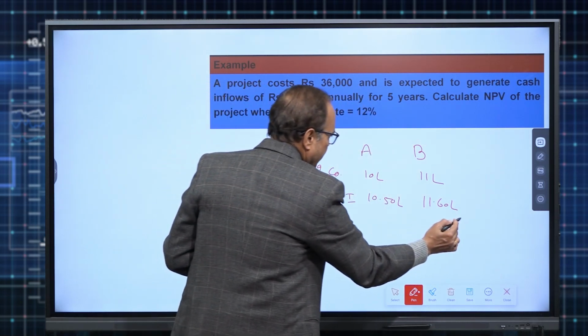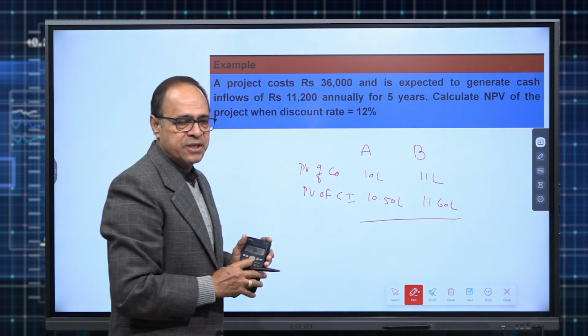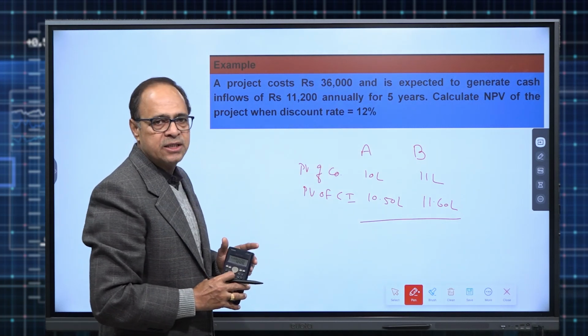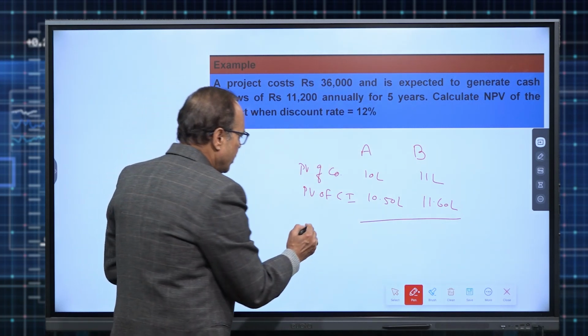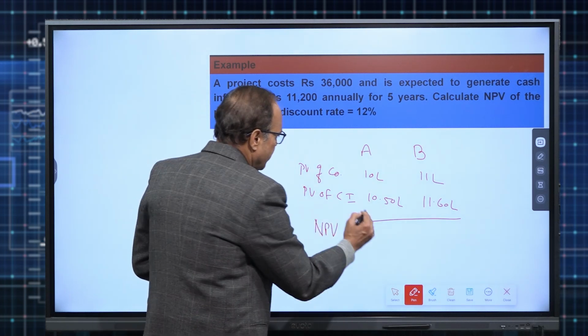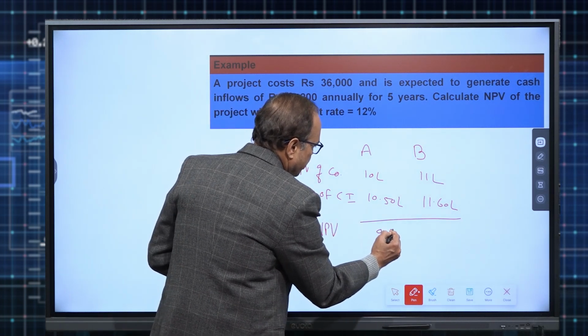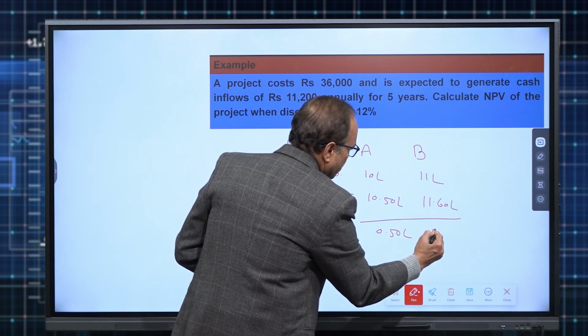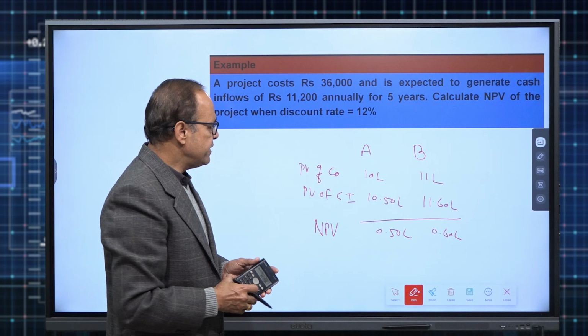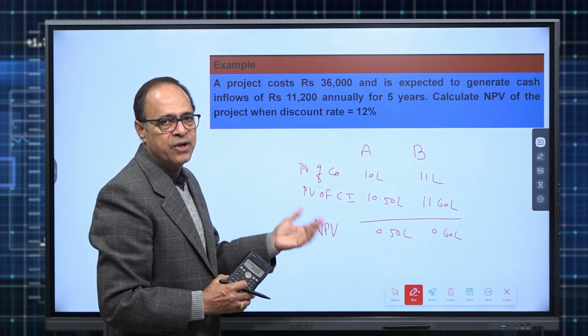Calculate NPV. So we have two steps taken already, PV of cash outflow for both the projects, PV of cash inflow for both the projects. Now we calculate NPV. 0.50 lakhs, 0.60 lakhs. Now at this juncture, what do we get a feel?